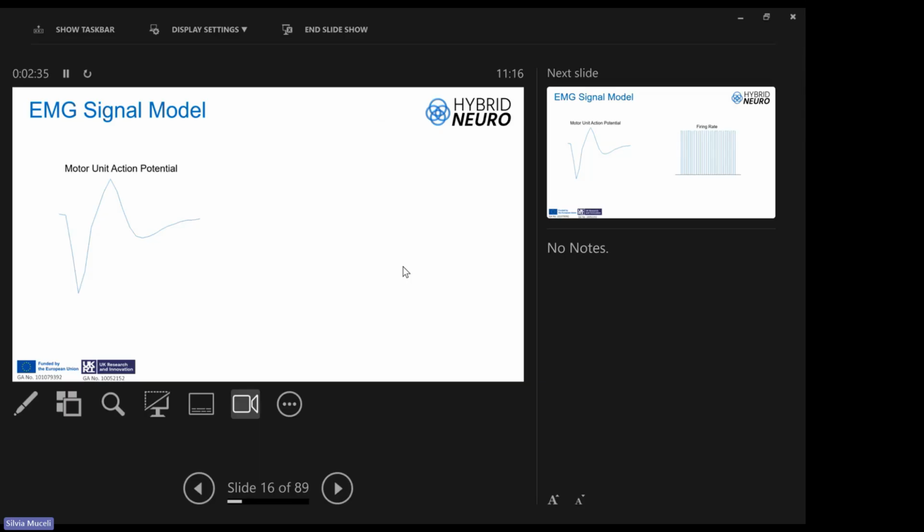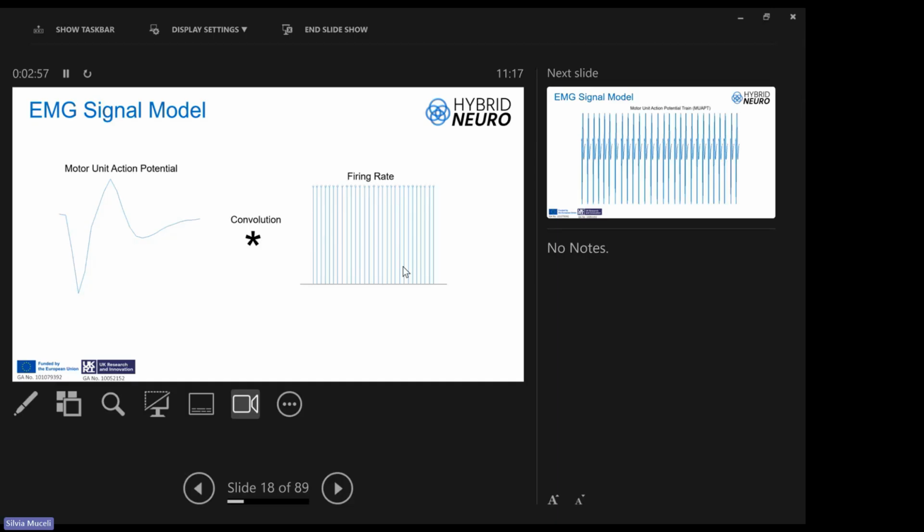So for the EMG signal, we have different models in the literature. One of the most famous and most used is the convolutive model. Imagine that we have this motor unit action potential that is recorded based on the location of the electrode. We have the firing rate of a specific motor unit, something like this.